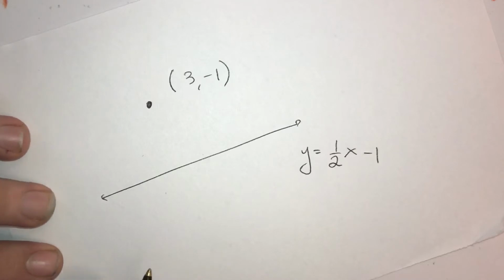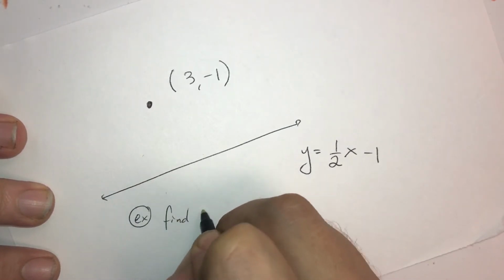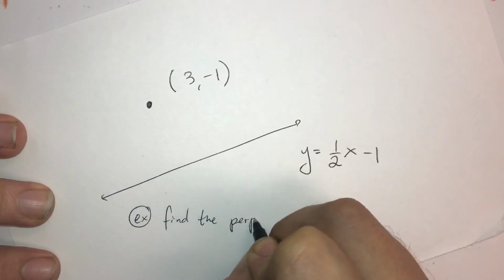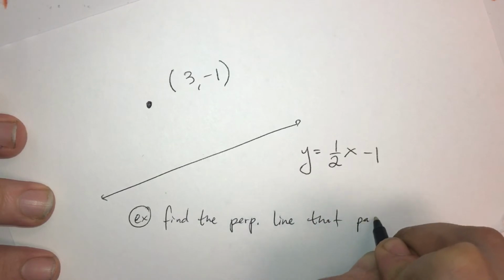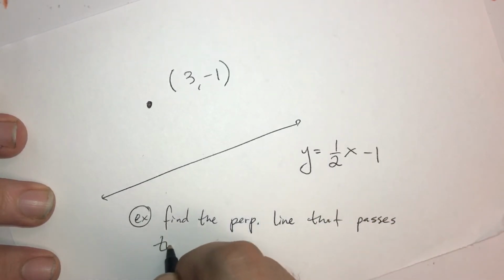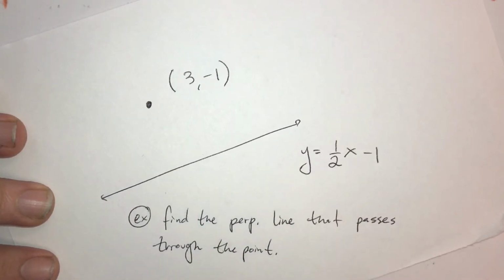Our goal then is to find the perpendicular line that passes through the point. Find the perpendicular line that passes through the point.